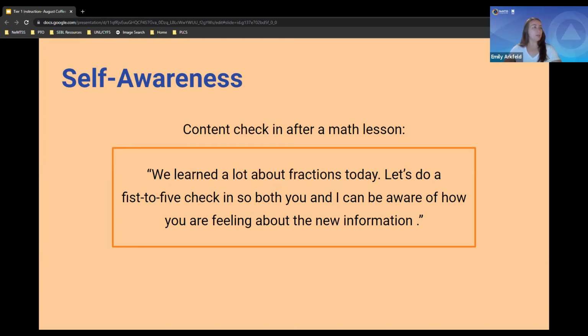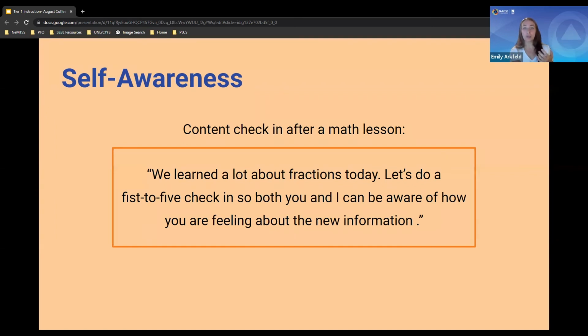And so when we talk about self-awareness, yes, we talk about labeling emotions and labeling feelings, and having mood meters, and those are all great, but it can also be something like you just taught a math lesson. And so you say, we learned a lot about fractions today, let's do a fist to 5 so that you and I can both be aware of how you're feeling about the new information. This teaches kids to reflect on those feelings. Yes, they're identifying feelings, but maybe: that lesson was really hard for me and I'm feeling overwhelmed, or frustrated.